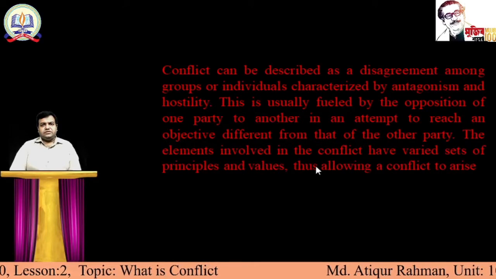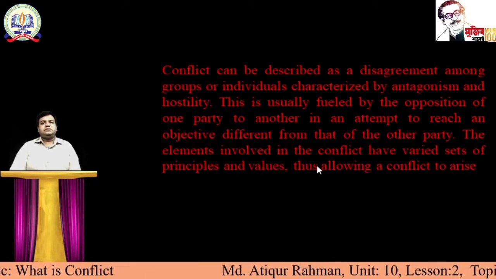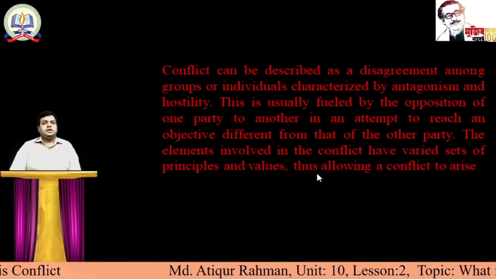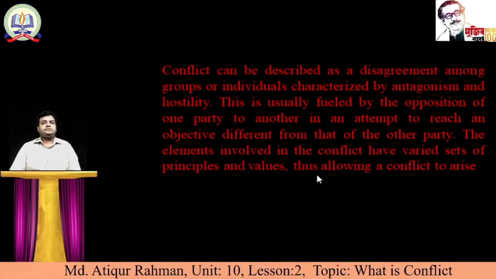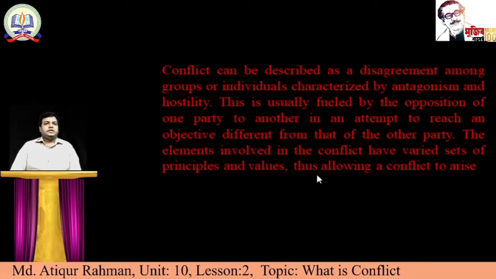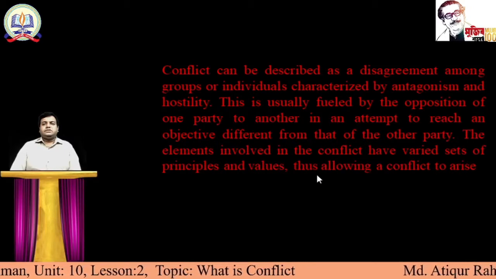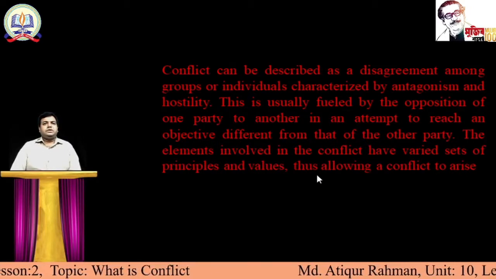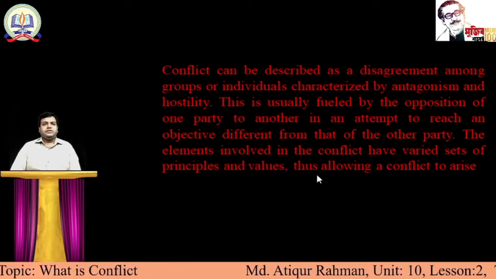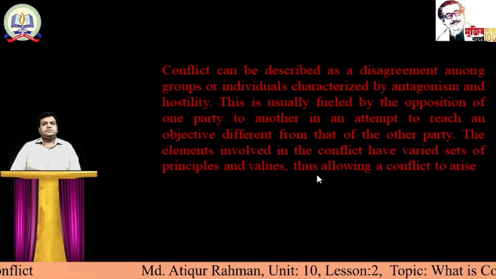The elements involved in the conflict have varied sets of principles and values, thus allowing a conflict to arise. That means what we get from these lines: whenever two individuals opine in different ways, a conflict arises.